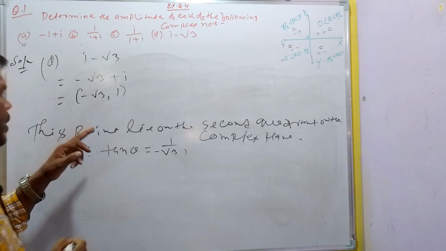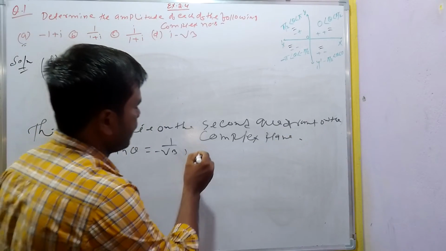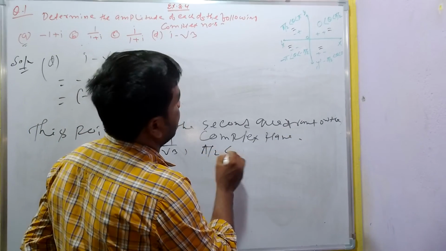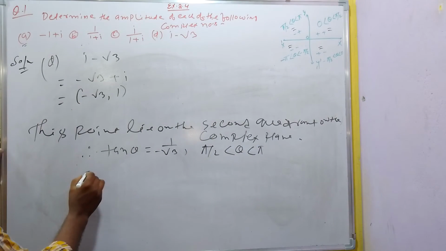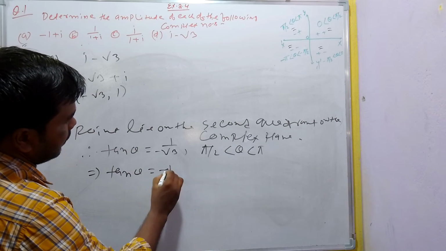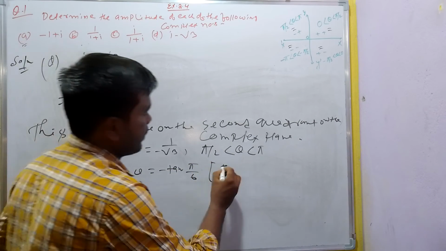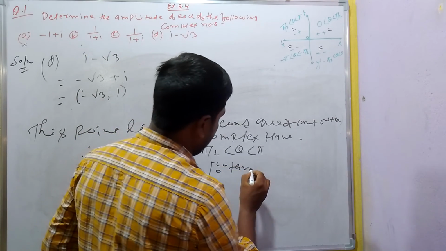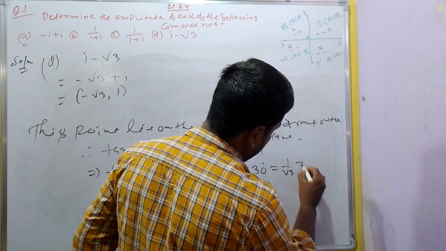Now you can see this point lies on the second quadrant, so you have to write pi by 2 less than theta less than pi. Okay, so you have to write tan theta equals minus tan pi by 6, since tan 30 degree equals 1 by root 3.